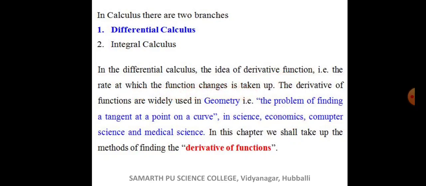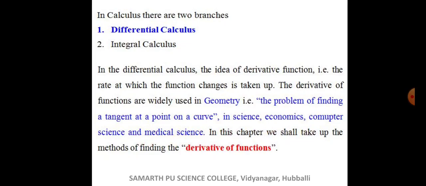The derivatives of functions are widely used in geometry, for finding a tangent at a point on a curve, and also in science, economics, computer science and medical science. In this chapter we shall take up the methods of finding the derivative of functions.